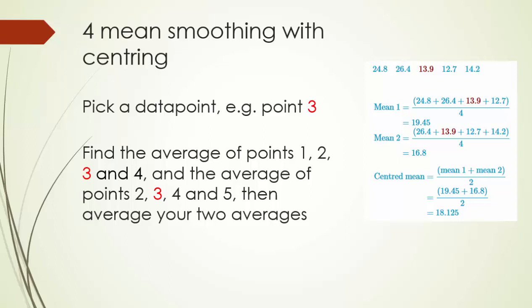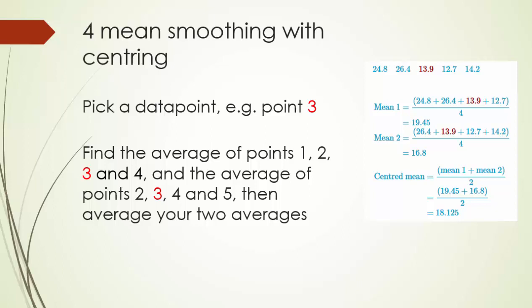So firstly, you want to do 4 altogether, so you want 2 before and 1 after. Add up 4 numbers and divide by 4. And then for the second mean, you take 1 before and 2 after. You can see where they come from, get a new number of 16.8, and then those 2 numbers get averaged together to produce 18.125, which is the 4 mean smooth center for 13.9.